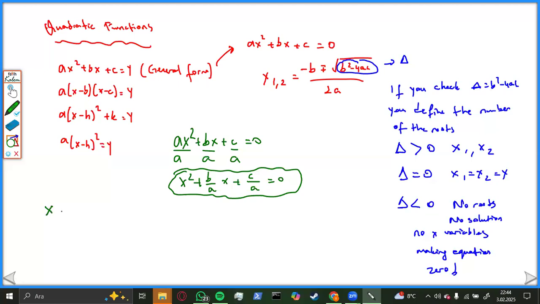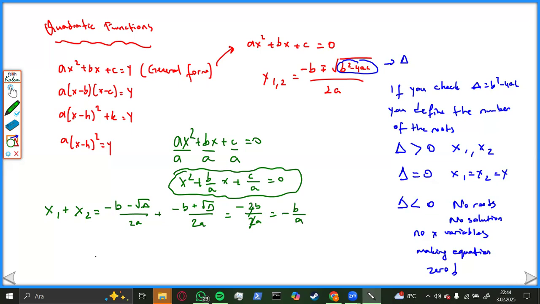For instance, assume that we sum the roots. Let's look at it.